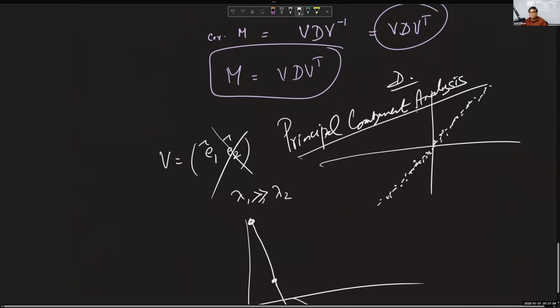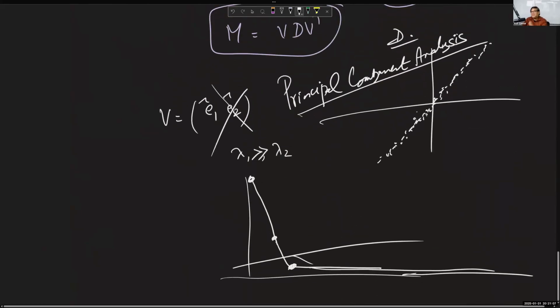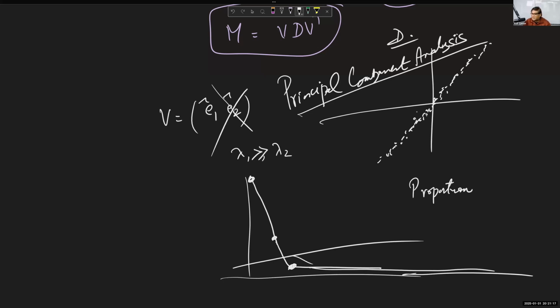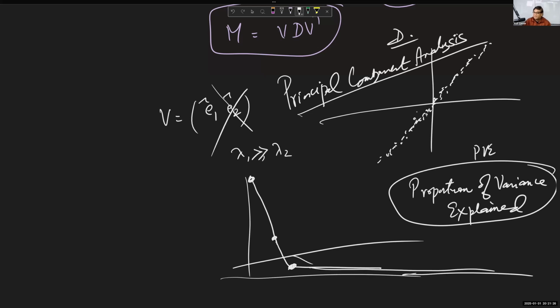D, you lose very little information. Isn't it? So there is actually a mathematical measure, which I won't talk about today because we will go into practical things. It is called proportion of variance explained, PV.